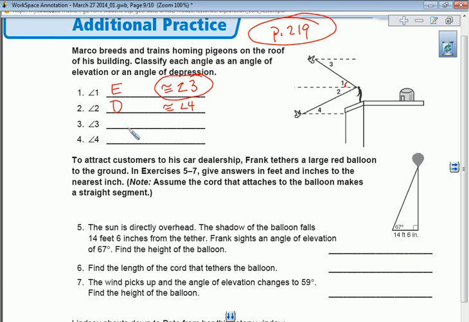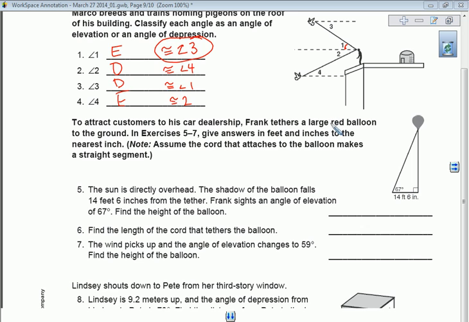Okay, angle 3, elevation or depression? Depression. What's it congruent to? 1. We've already done it. See? 1 is congruent to 3, so 3 is congruent to 1. All right, angle 4. Elevation or depression? Elevation. Okay.